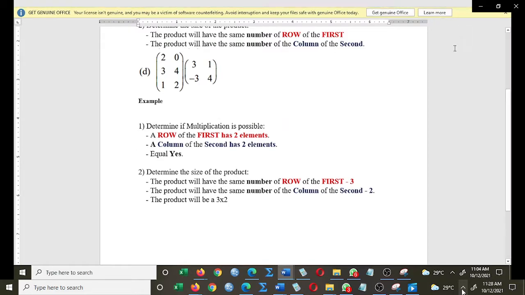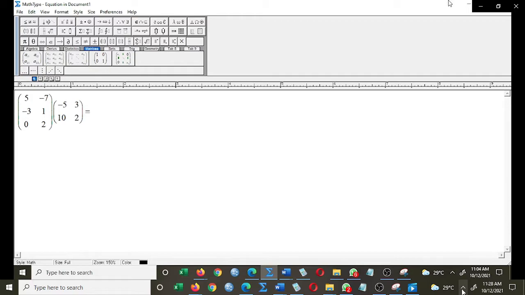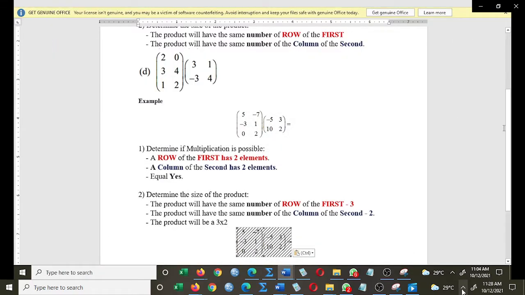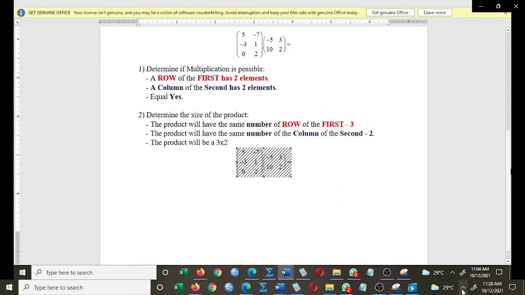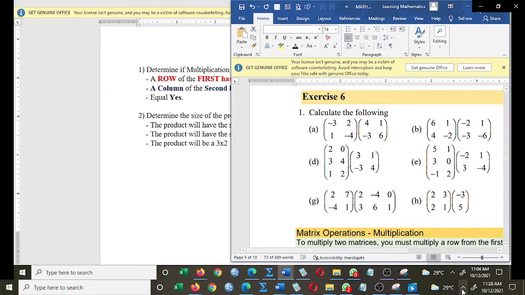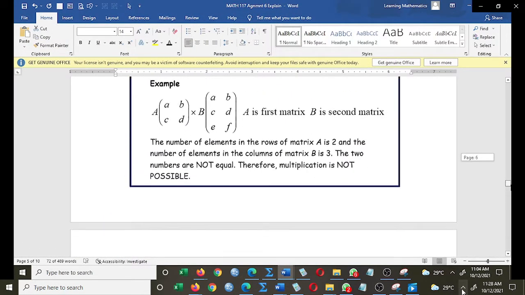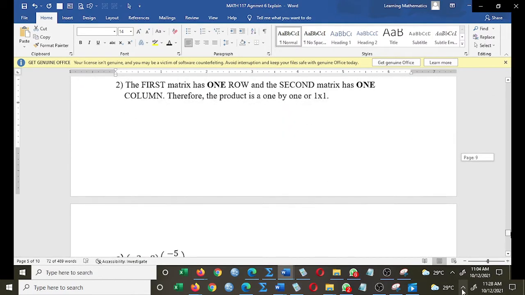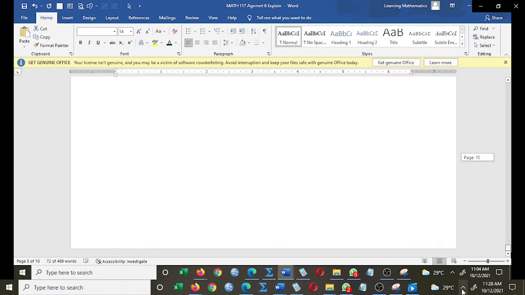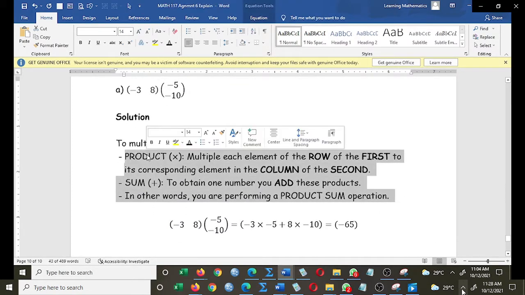Now, remember for the multiplication to happen, we have to multiply the corresponding elements of the row of the first by the corresponding elements of the column of the second, and then add. Okay, let's go. We're going to start.